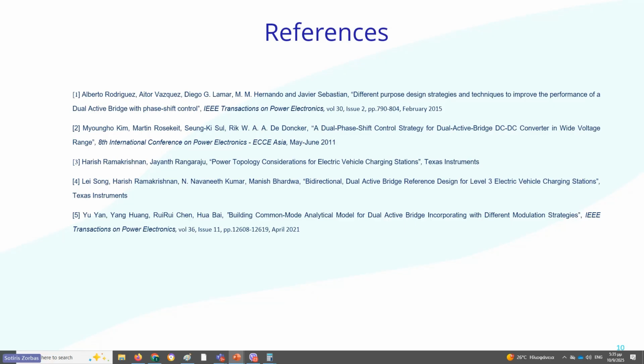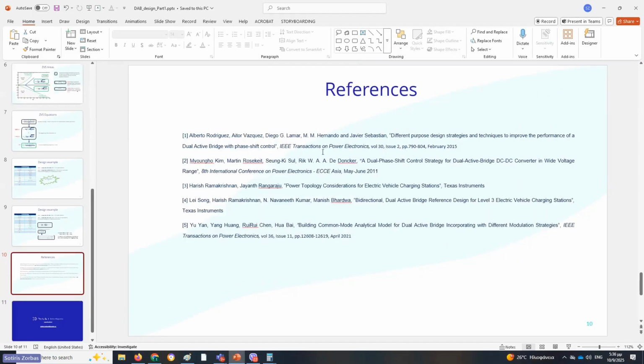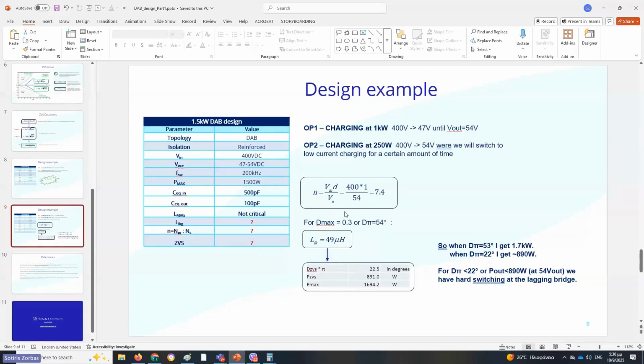But the problem is that these references use the same letter for different things, so be careful. D capital here might be D small there. I didn't do it on purpose, but it happened with the different references: same letters for different things. So let's go into Frenetic Online.